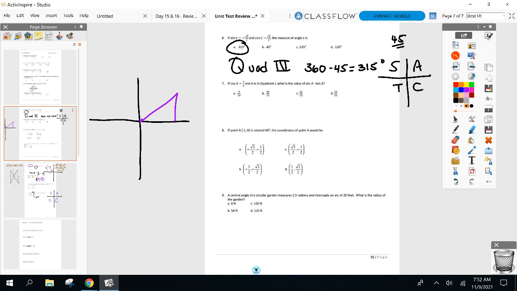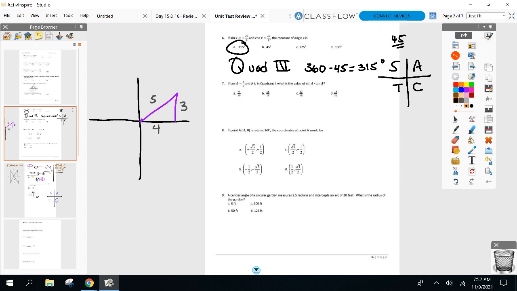Where's the 4 going to go if it's cosine? Adjacent, so in this case, it would be on the x-axis. Where's the 5 going to go? Hypotenuse. Can we save time with Pythag here? It's going to be a 3 here. All positive, all positive.